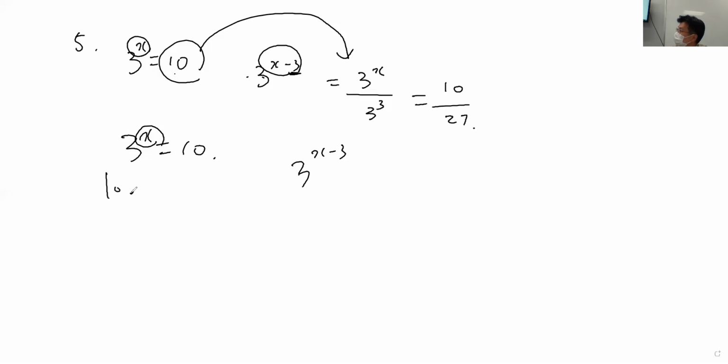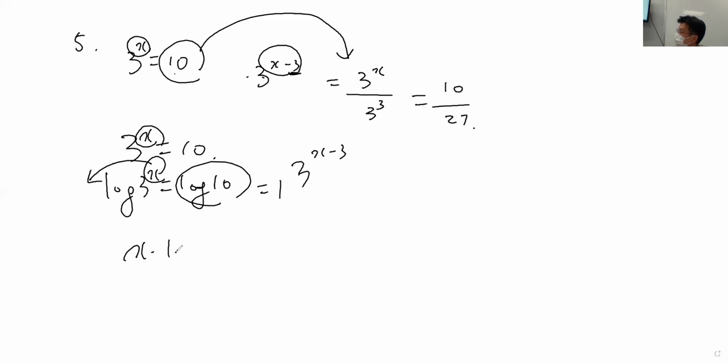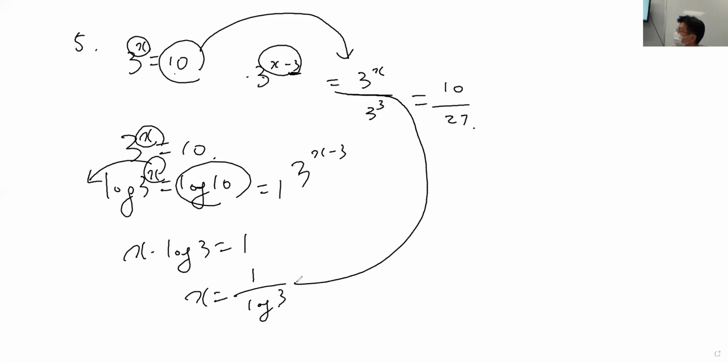You have to put log on both sides. This is 1, by the way. And then we'll bring the exponent down, and x times log 3 equals 1, so x has to be 1 over log 3. You put that into here and run the calculator. That's another way to do it.